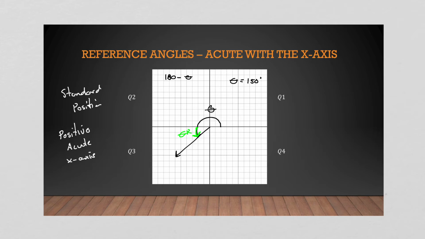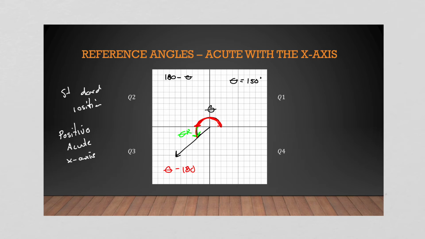We have 180 degrees, and that's what gives us theta. It's going to be theta minus 180 degrees, right? It's this entire rotation, and then minus this chunk only of the rotation. Take the 180 away, and we're left with our reference angle.